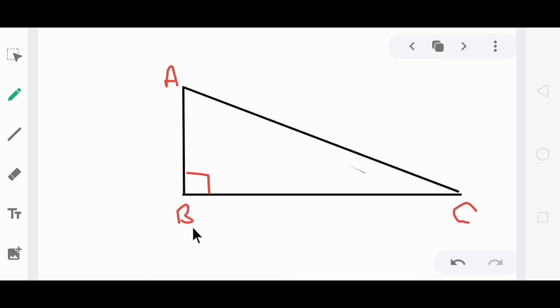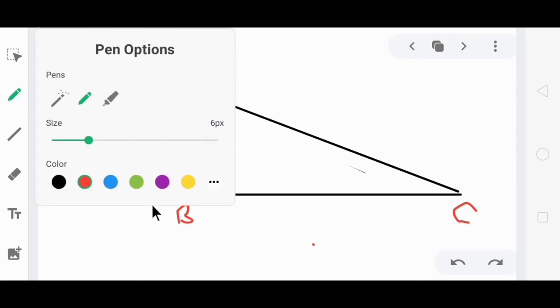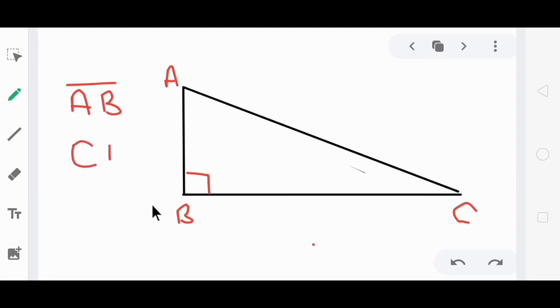So here AB is the altitude. And again, for AB, C is the opposite vertex. So if we draw a perpendicular line on AB, it is CB. So CB is the altitude of the triangle.